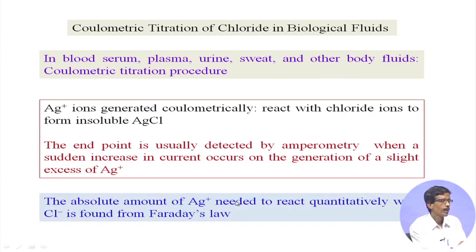So, the required amount of silver ion which reacts quantitatively with the Cl minus can be found from Faraday's law. How much you require depending upon the corresponding charge and the current can be found from the well established Faraday's law.